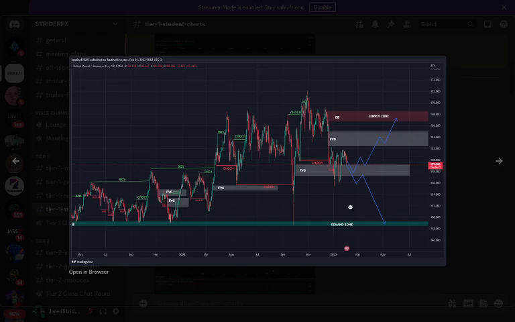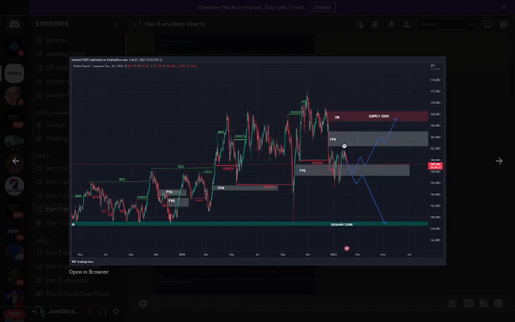Okay, this is a very, very choppy market. This is also on the daily, so we can see we're getting a lot of equal lows built up here. A lot of equal lows. Had a low liquidity grab here. Fair value gap has been filled.